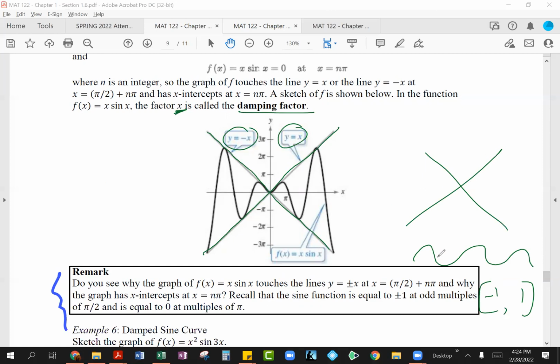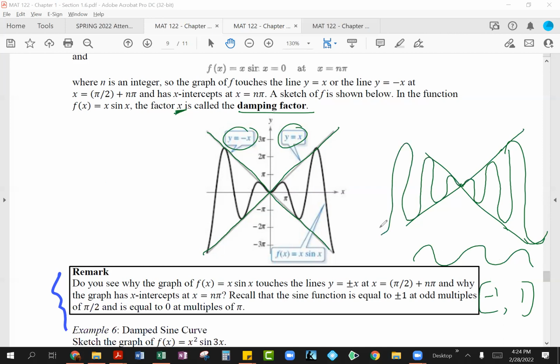It still has that general sine curve, but now it's going to be bounded by these lines, y equals x, and as these lines grow, your function is going to keep going in that direction. So that's what that damping factor does, is change those graphs.